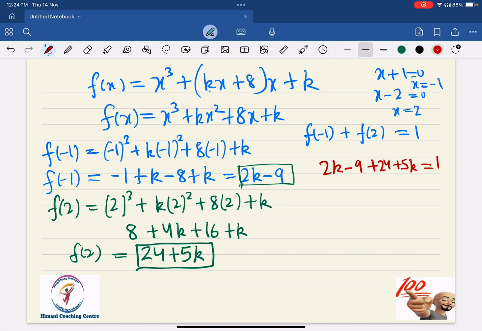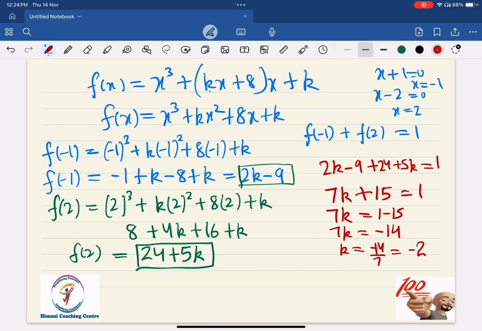Now 2k plus 5k is going to give us 7k, 24 and minus 9 is going to be 15, which is equal to 1. 7k is equal to 1 minus 15. 7k is minus 14, or k is minus 14 by 7, which is minus 2. So this is how we solve these kind of questions. I hope you have understood the concept.